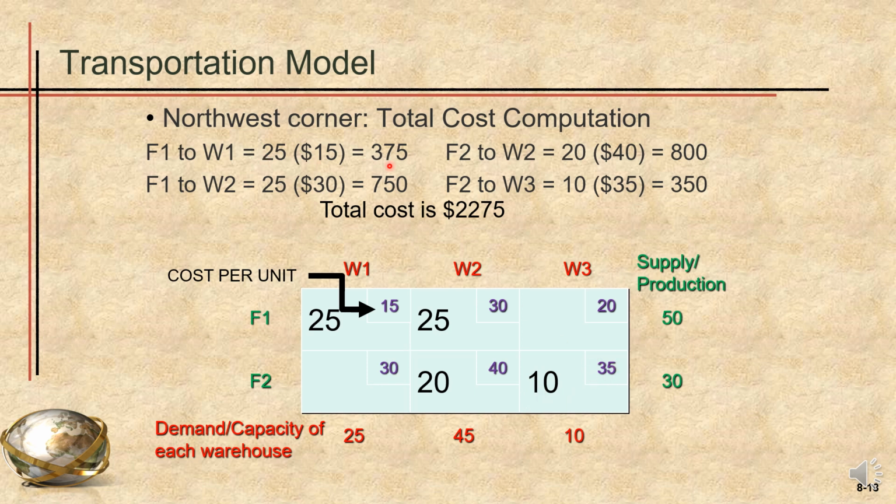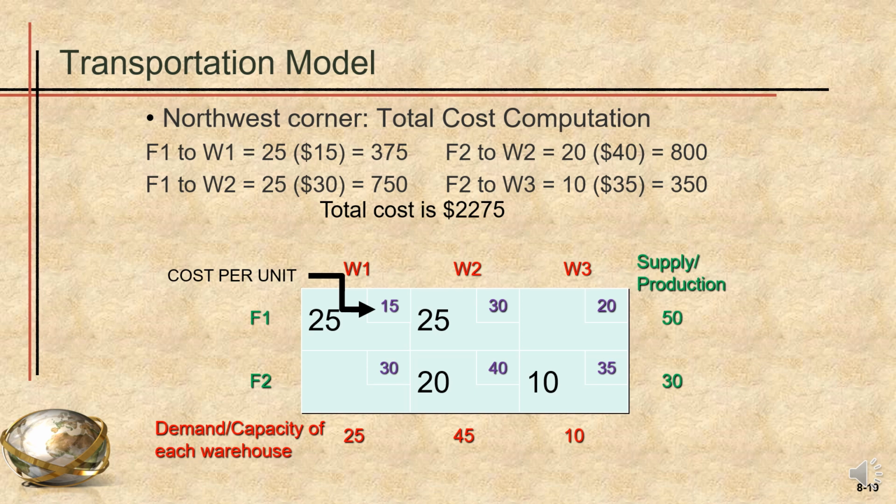These come from our table, which you can see in the computation. Adding all the products gives us the total cost. Again, the total cost under northwest corner is $2,275.